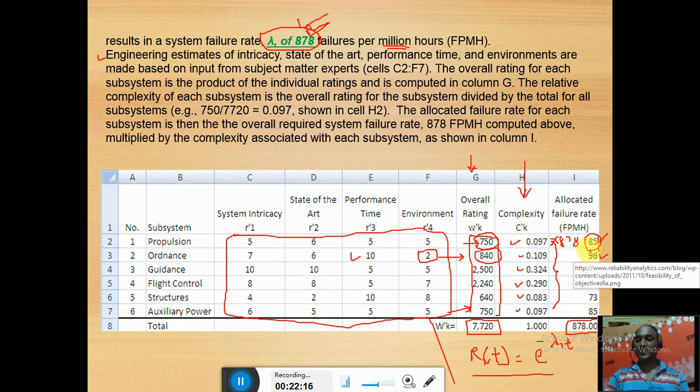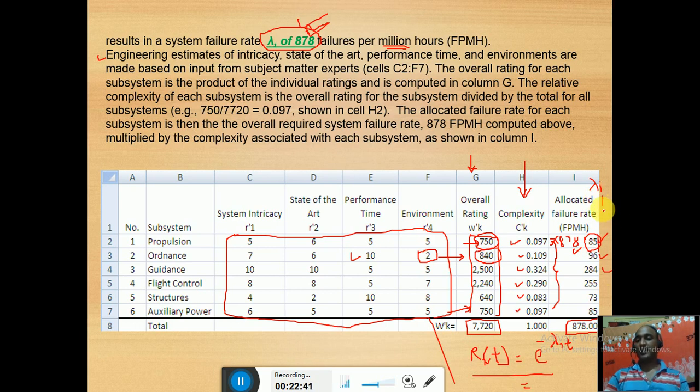Just put in these lambda values: lambda 1, lambda 2, lambda 3, lambda 4, lambda 5, lambda 6. So R1 equals e raised to minus lambda 1 t. We have t equal to 120 and lambda 1 equal to 85. Put these values in and you will simply get the values of the reliabilities.